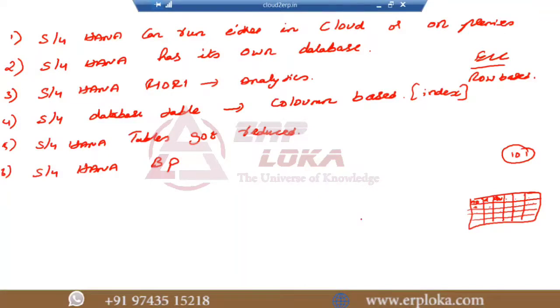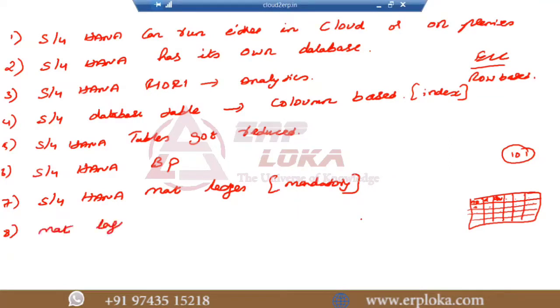Then in S/4HANA, material ledger became mandatory. In ECC, the material ledger was not mandatory. Then material length got 40 characters. So these are the major differences.